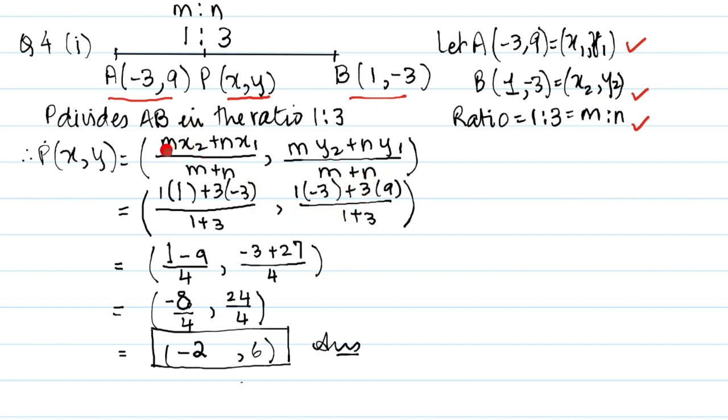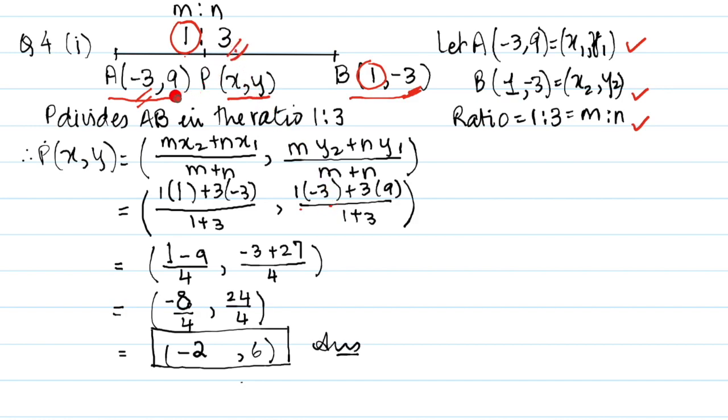Now we are going to take mx2, means this will multiply here, so that is 1 into 1, and this will multiply here, so that will be 3 into -3, and upon m plus n means 1 plus 3. The same way, this will be multiplied with this y, that is 1 into -3.